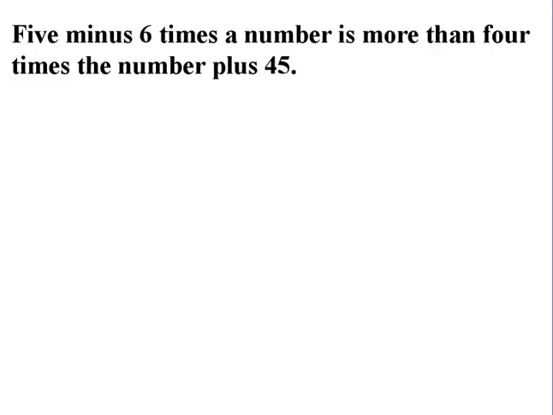Now, are they all going to be that easy? Probably not. And so we're going to look at a few more types of problems. The first one is 5 minus 6 times a number is more than 4 times the number plus 45. So if you remember from Tuesday, what we did is we split this into two parts. The first part is going to be this.